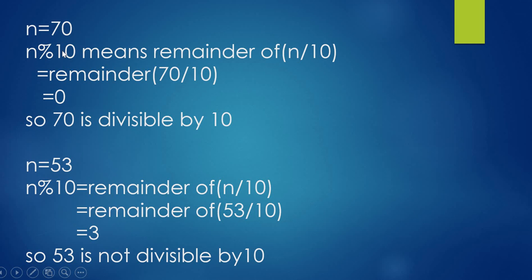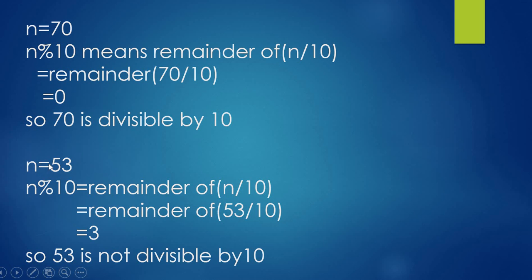Then we need to find n mod 10. For finding the remainder, we use the mod operator. N mod 10 means the remainder of n by 10. Then 70 mod 10 means the remainder of 70 by 10. That is equal to 0. So 70 is divisible by 10.